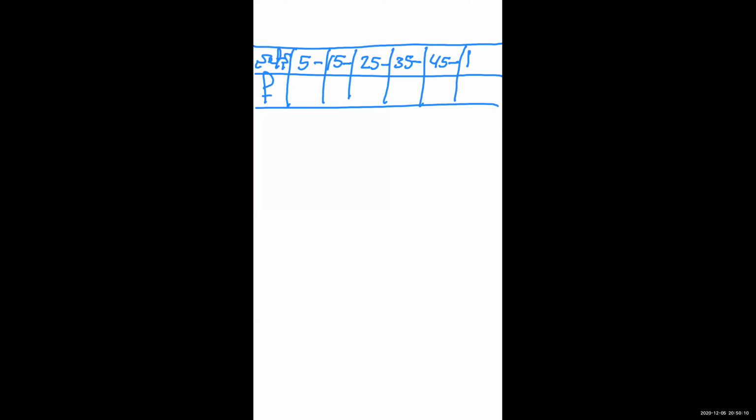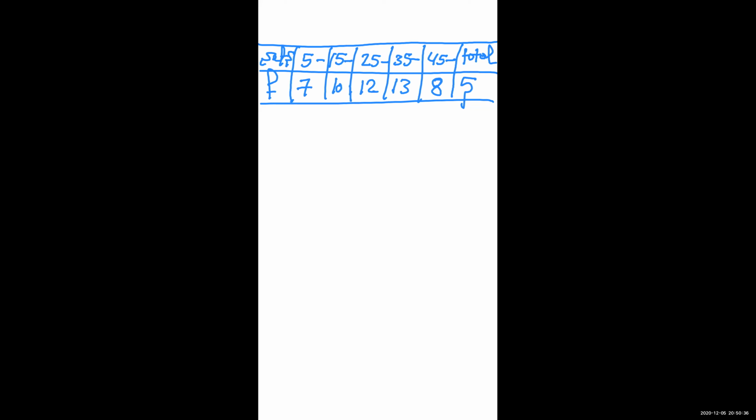Then the frequencies are given in the table: 7, 10, 12, 13, and 8, and the total also is given, it's 50 workers, right?